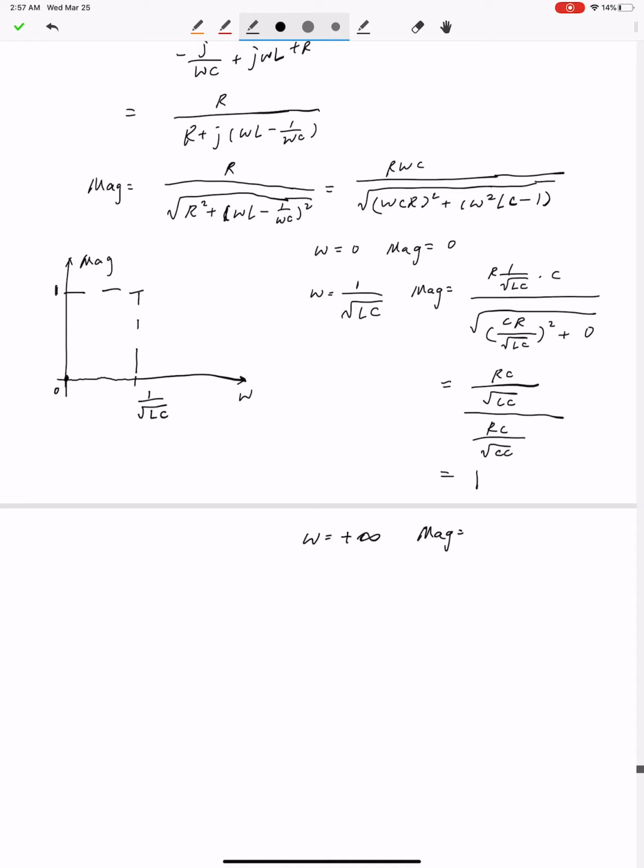Then the magnitude becomes positive infinity divided by the square root of positive infinity squared plus positive infinity squared, and that is what? So we can analyze the trend of these two parts.